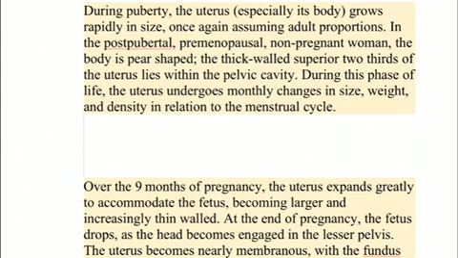At the end of pregnancy, the fetus drops. The head becomes engaged in the lesser pelvis. The uterus becomes nearly membranous, with the fundus dropping below its highest level. The fundus extends superiorly to the costal margin during pregnancy, but at the 9th month you find that the fundus will drop.